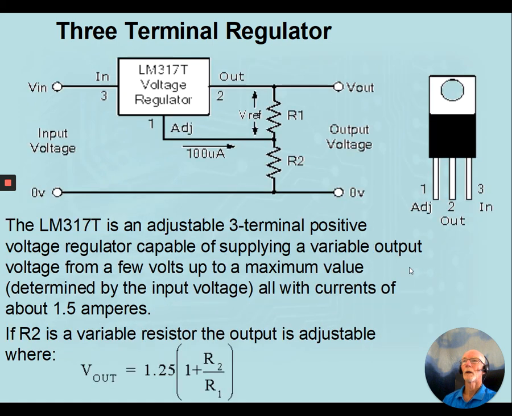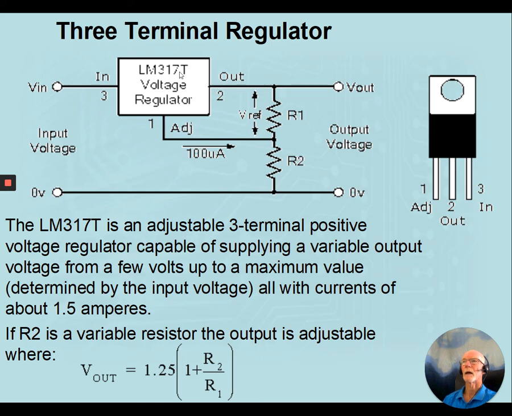We can also use 3-terminal regulators as a variable regulator. There is a specific one called the LM317, and it's a variable regulator. It operates almost exactly the same as a 3-terminal regulator, except instead of the common going to ground, it goes between a couple of resistors, and we can make one of these resistors, normally this one, variable, and we can change the output.